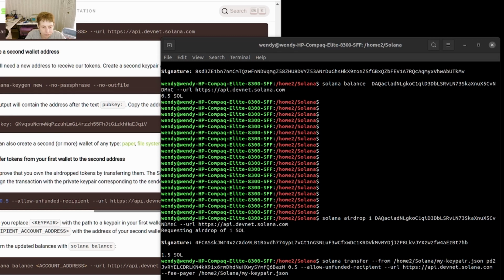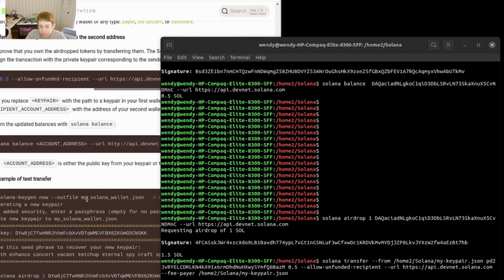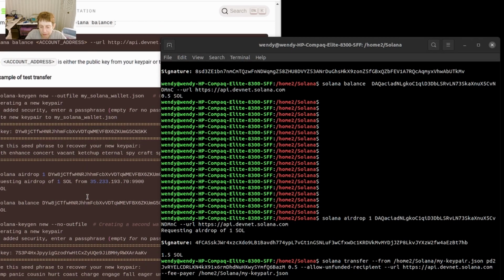Probably not my first choice with real money, but for development purposes, it's perfect. Very easy. We went through an exercise where we did an airdrop, created a second account and moved the balance to that other account, and had to take into account the fee.